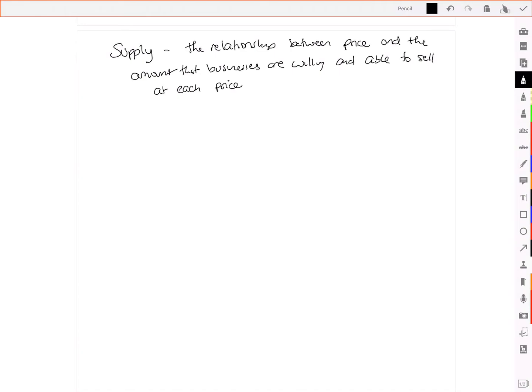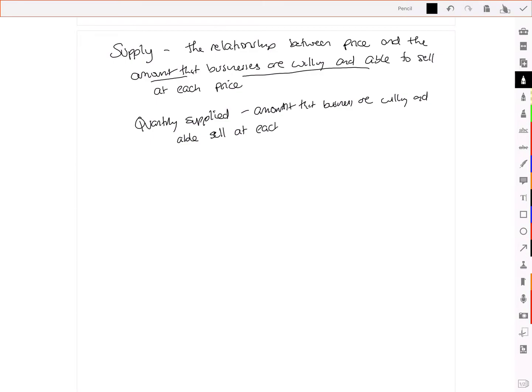So here we have what is called quantity supplied. And quantity supplied is that amount that businesses are willing and able to sell at each price.